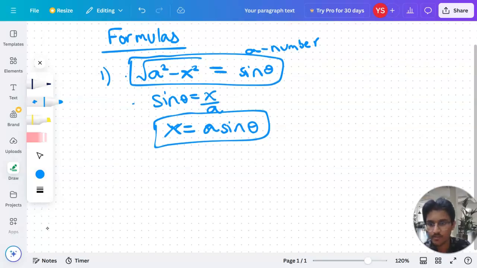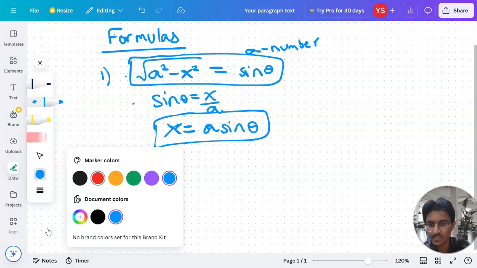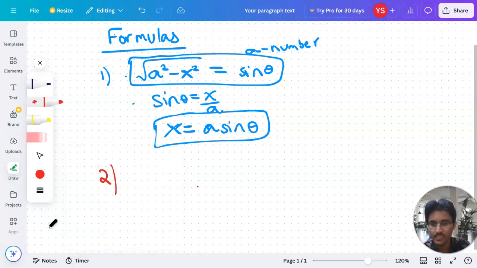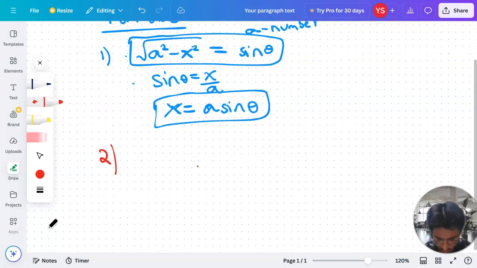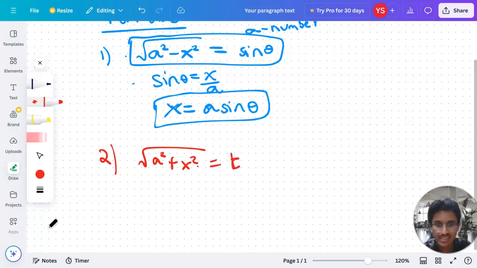I'm gonna use a different color to show the second case so that we don't get confused. The second case: when you see an a squared plus x squared, what are you gonna be using? You're gonna be using tan theta.